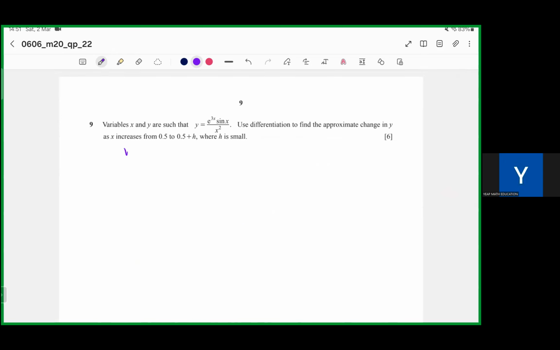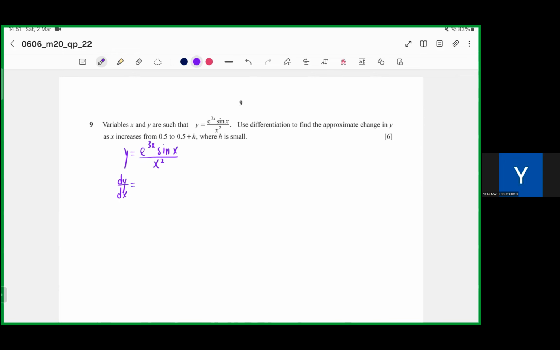So y equals e^(3x) sin x over x squared. dy/dx equals, in this question we use two differentiation rules.